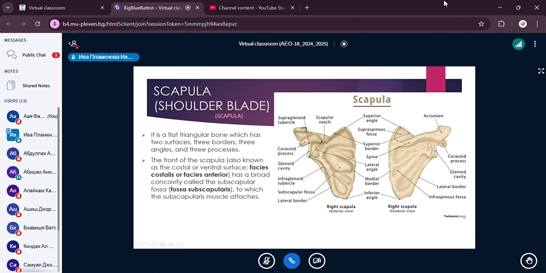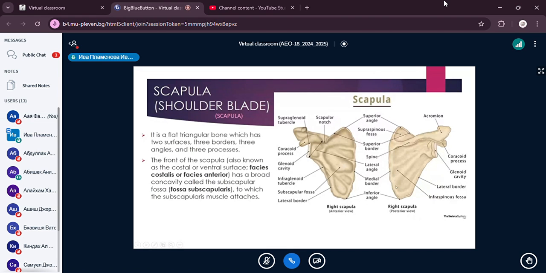That's the ventral view with anterior surface, also called facies costalis, costal surface, which is convex, and here is located the subscapular fossa, fossa subscapularis.